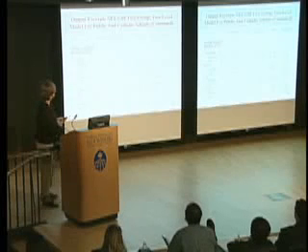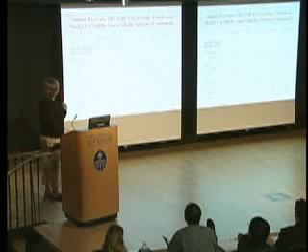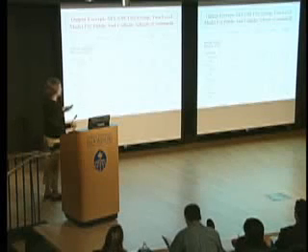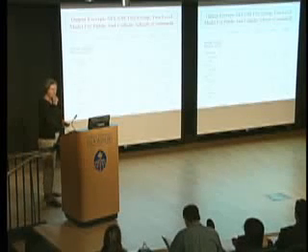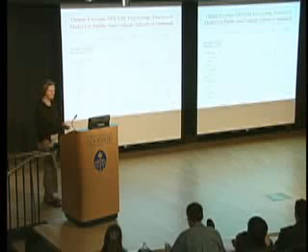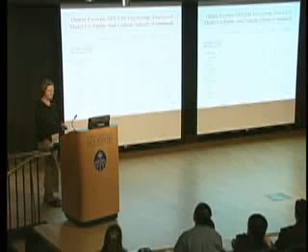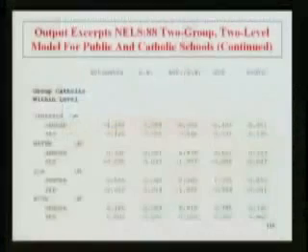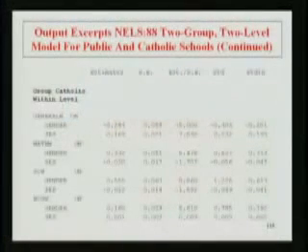Okay, so I put the results for the within part of the model, Catholic on one screen and public on the other. And what we're probably most interested in looking at is the third column here, to see which of the covariates are significant. And we can see that for the Catholic schools on the within level, you're in the wrong column.